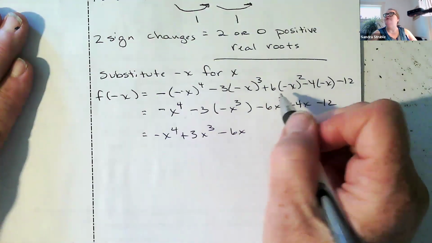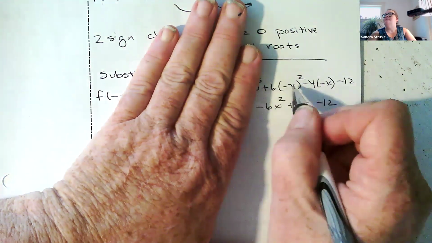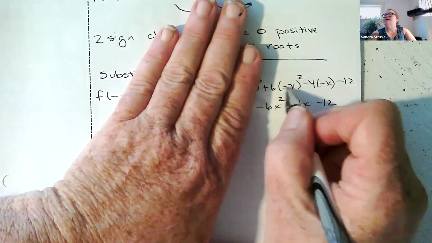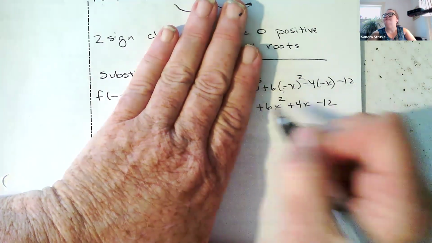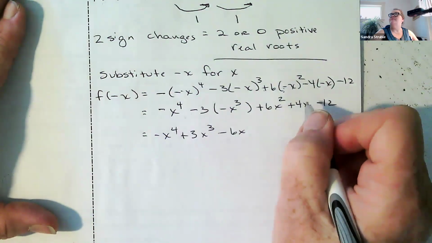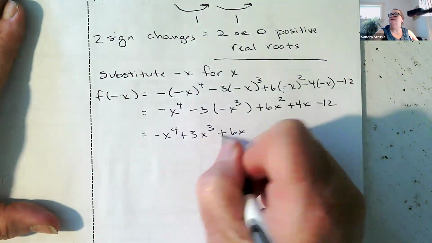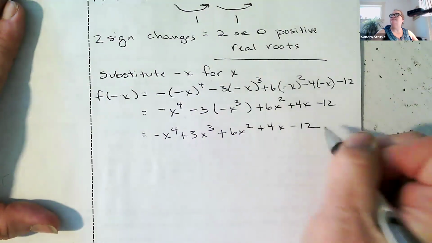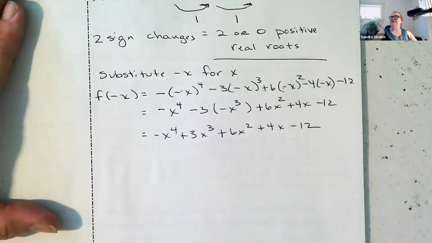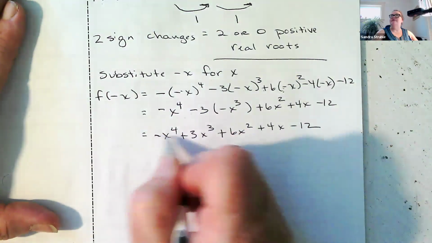So I messed that up. Hold on, y'all. I didn't put the square on here. So negative x squared is positive x squared. So this should be a positive. Ooh, glad I caught that. Plus 6x squared plus 4x minus 12. All right, that's simplified. Now we've got negative to a positive.